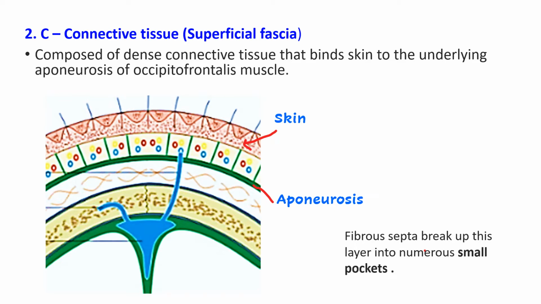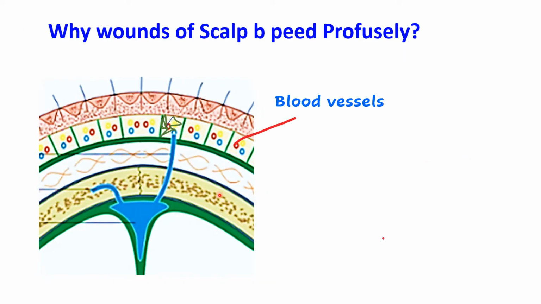Okay, so next thing about this layer is that it has these blood vessels passing through it, right? Now let us see why wounds of the scalp bleed profusely. First thing, the scalp has a very rich blood supply, so that is one reason.